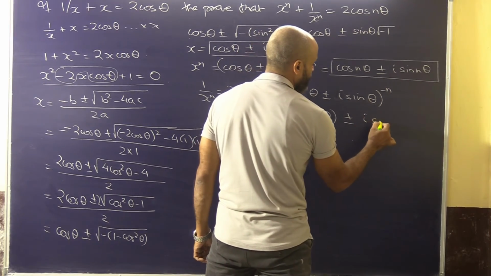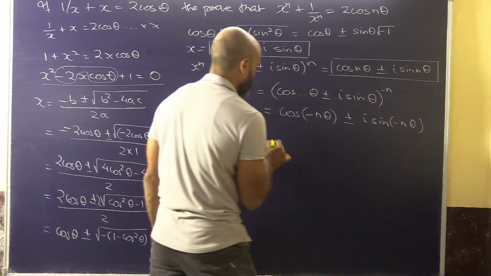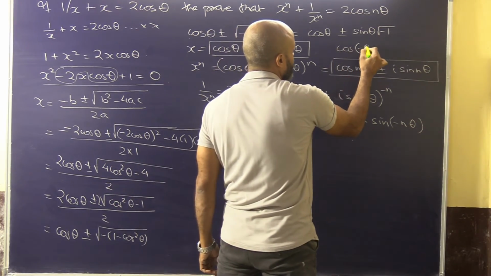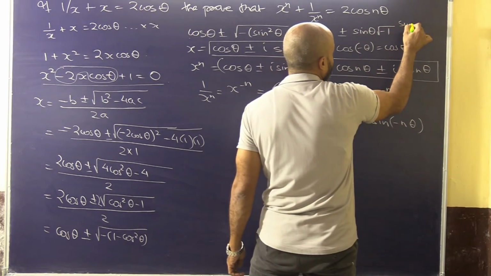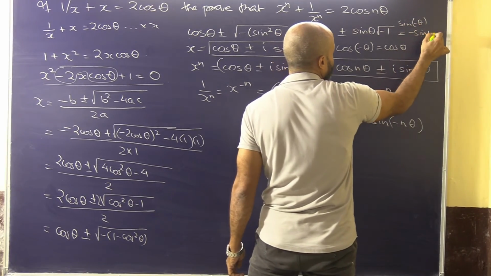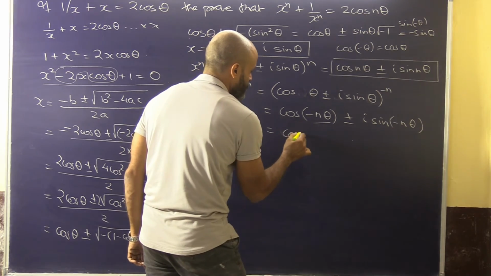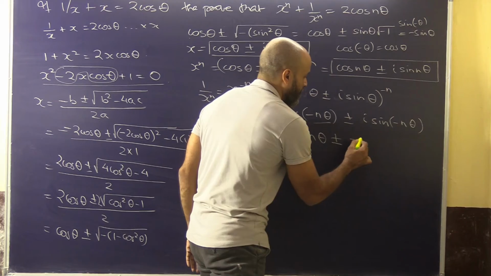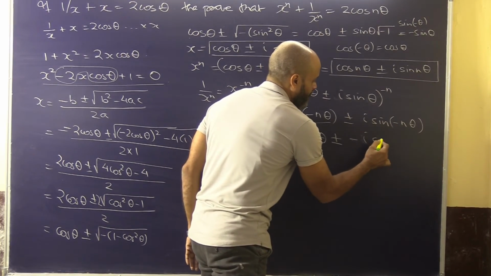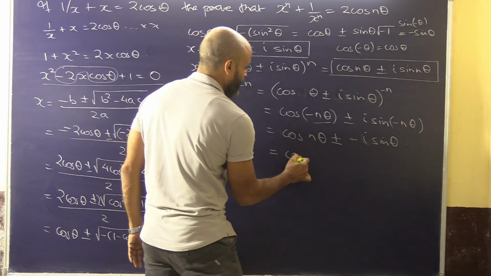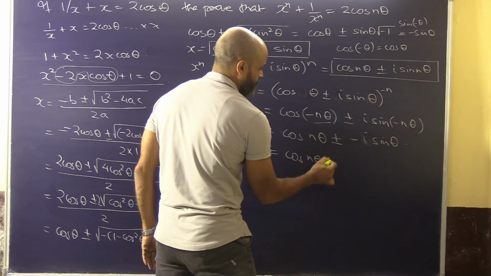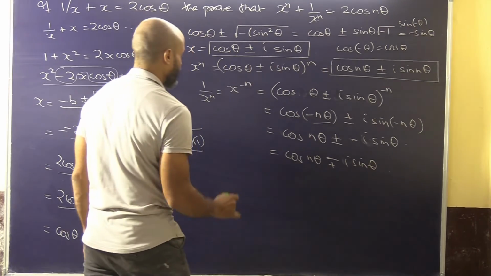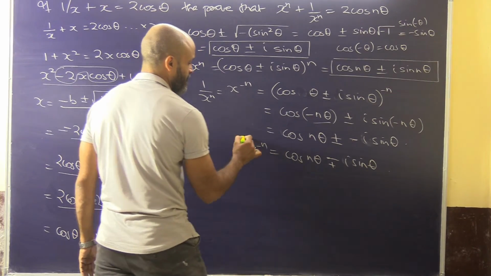We all know cos(−θ) is equal to cos θ, and sin(−θ) is equal to −sin θ. So in this case we will have cos nθ, and this minus gets cancelled, and here we will have ∓ i sin nθ. So the signs are going to change here. So this ± gets modified as ∓ i sin nθ. So 1 by x^n, that is x to the power of minus n, will become this.